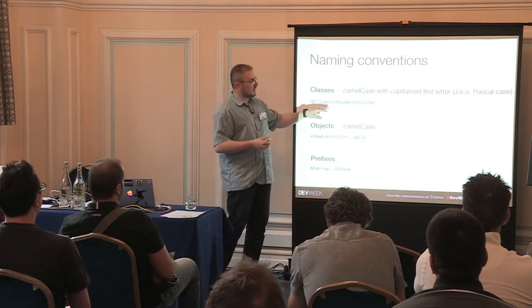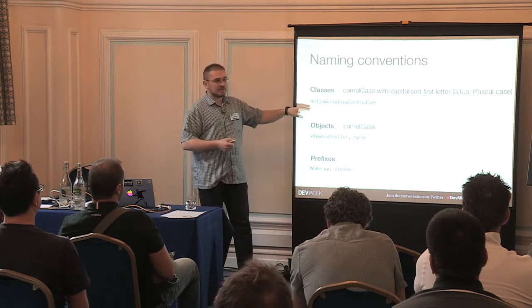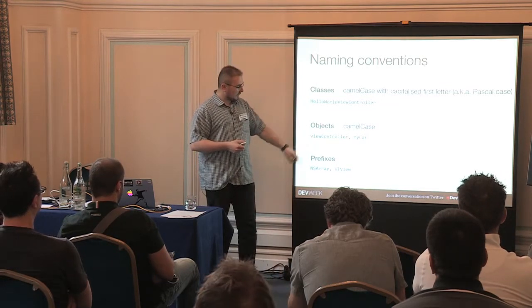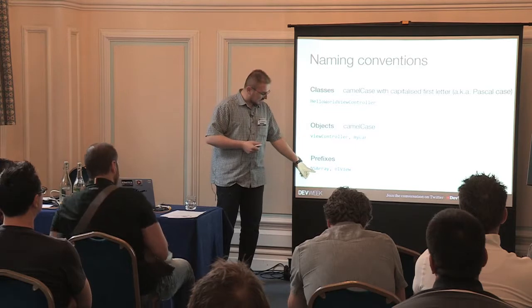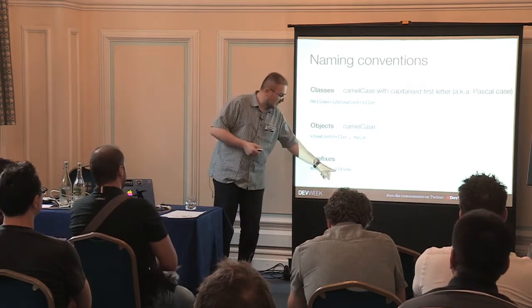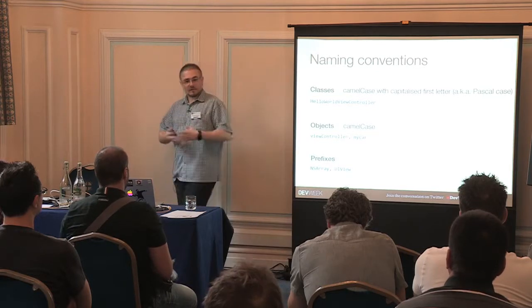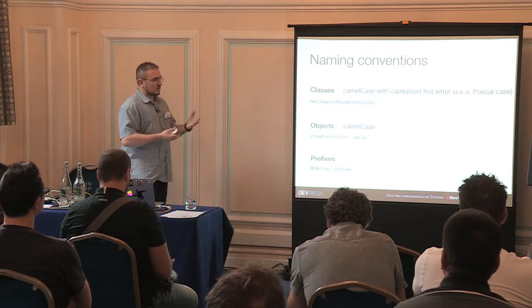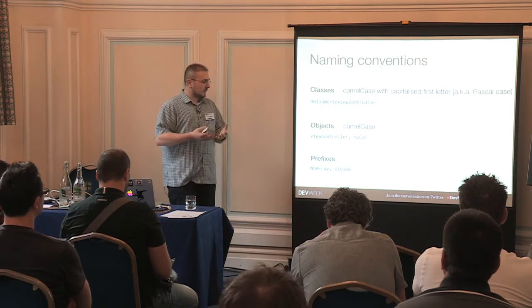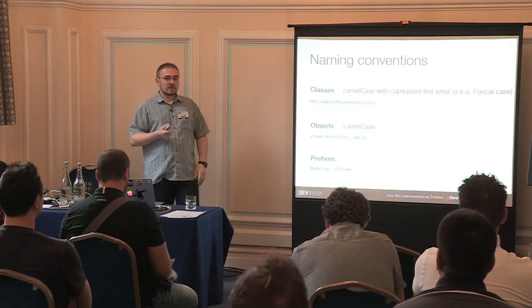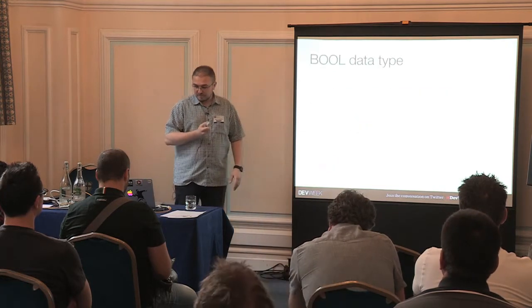These are the naming conventions. For classes, we use what's called Pascal case, so camel case with the first letter uppercase. For objects, we use camel case, and we use prefixes. NS is for the Foundation objects, UI is for UIKit, so everything that deals with the UI. It's fairly easy to see which class belongs to which framework based on the first two characters, or three in some cases.